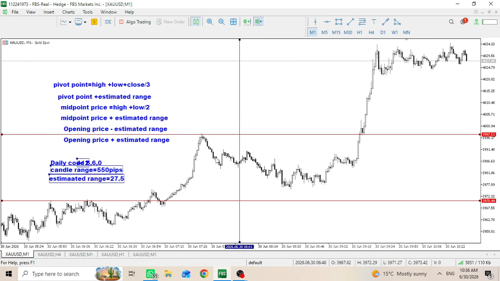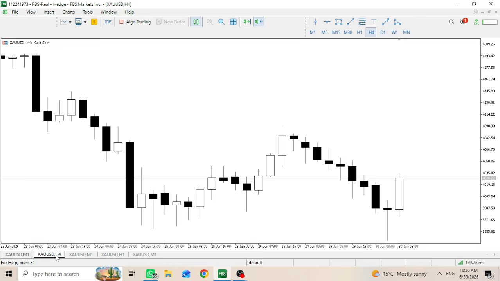Now let me show you how you are supposed to. On this price action, you are supposed to use the midpoint price range. Why? This 4-hour candle, you can see the market has closed.